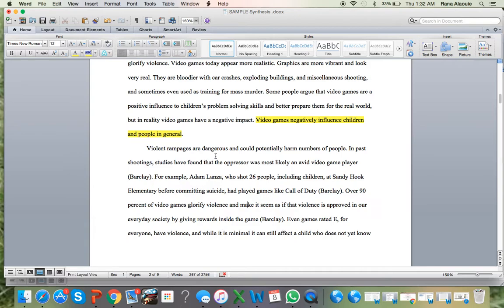Let's see how this student handles this. Violent rampages are dangerous and could potentially harm numbers of people. I think it should be number of people there, but I guess that's fine too.